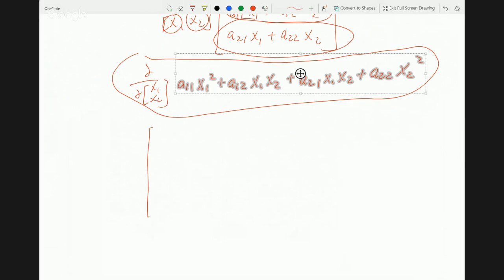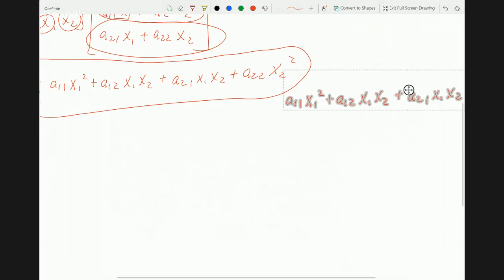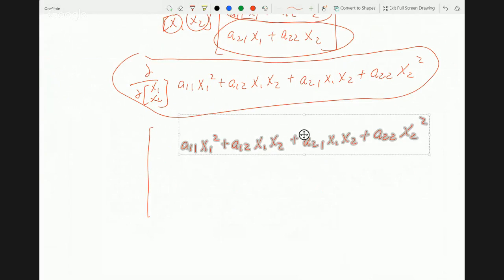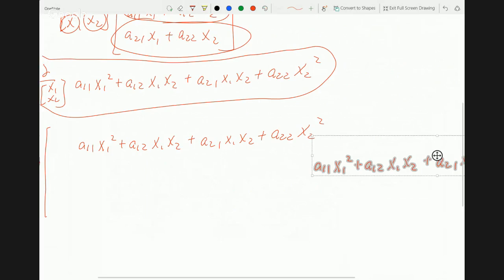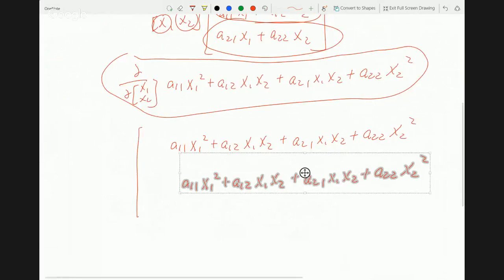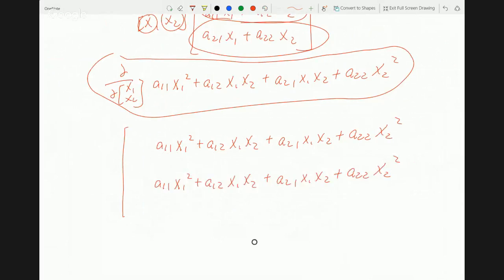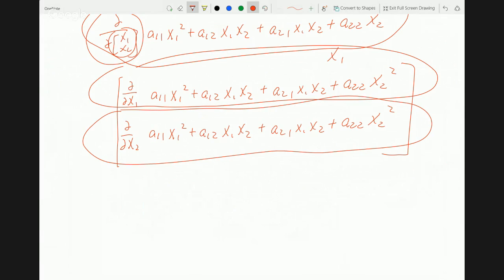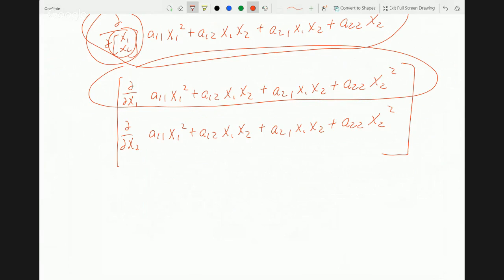So when you take the derivative, what it means is, you see, it's a vector. So you will do partial x1, partial x2. That's all that means. And now we just take the derivative of this thing with respect to x1, and this one with respect to x2. So let's do that.